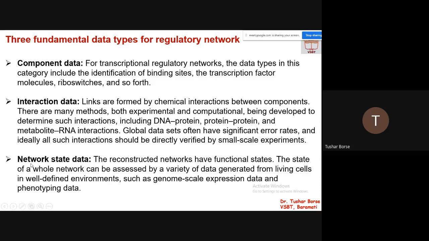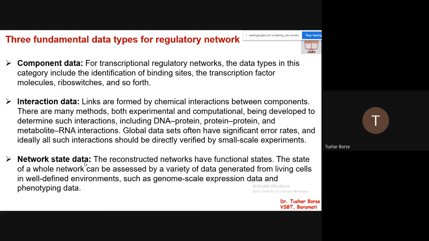And at the end you have the network state data. Meaning a fixed state: if glucose is present, whatever data you have with respect to the genome or the transcriptome in that particular condition, or if galactose is present, what is the state of the DNA, RNA, and the protein in that particular state?